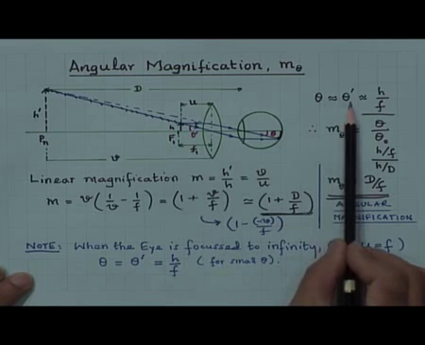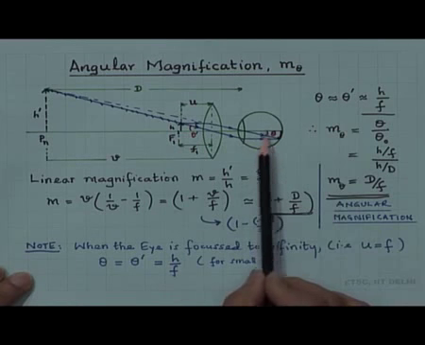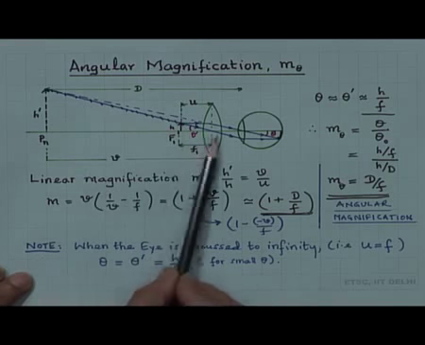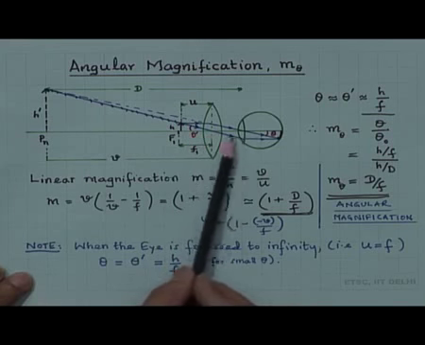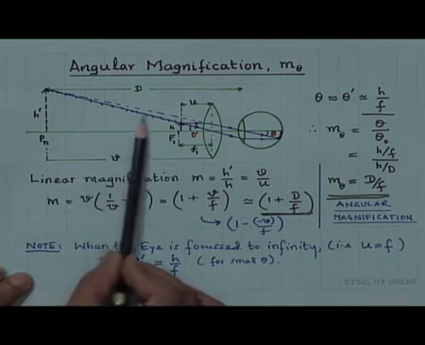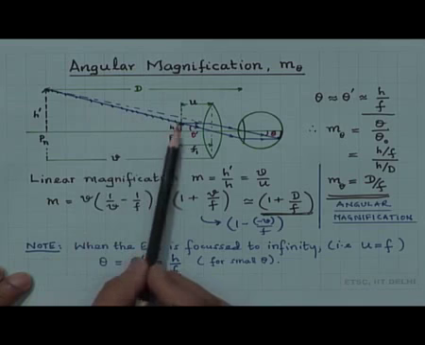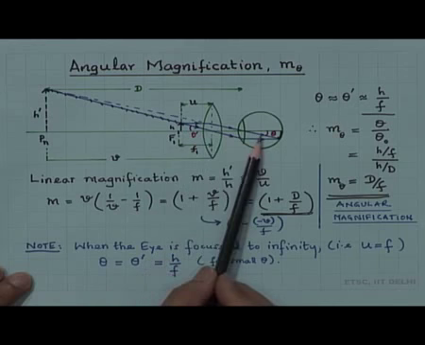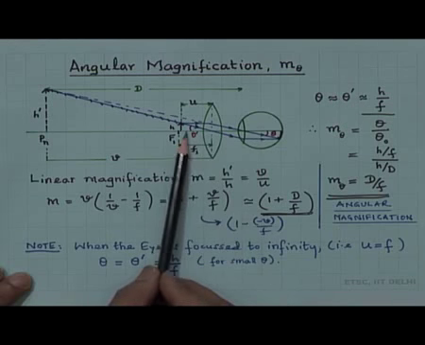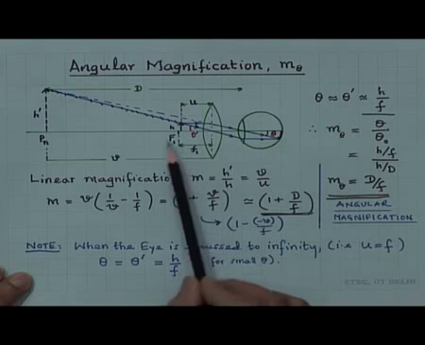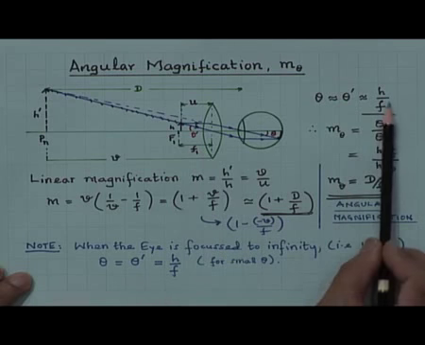Theta is nearly equal to theta dash, because these two rays appear to come from a point here. This dash-dotted line only appears to come from there; there is no actual ray. The actual rays are these two, which look almost parallel, and therefore, this angle is nearly equal to this, and theta is nearly equal to theta dash, equal to h by f.